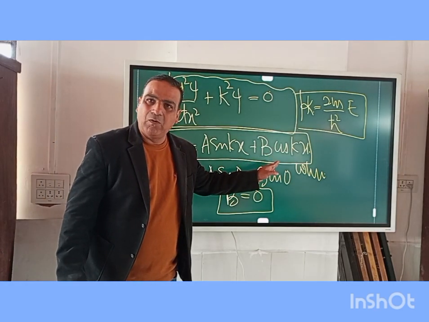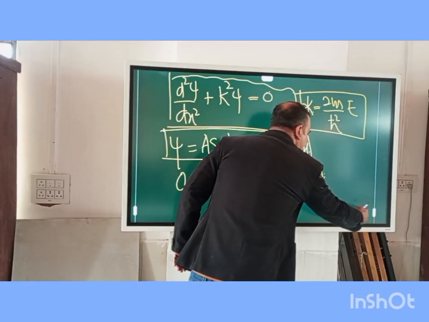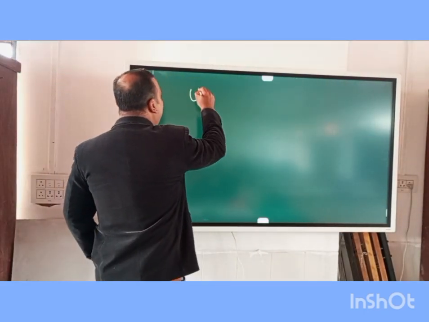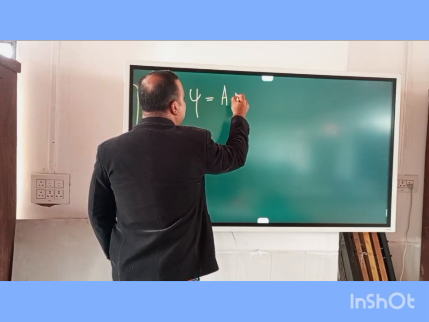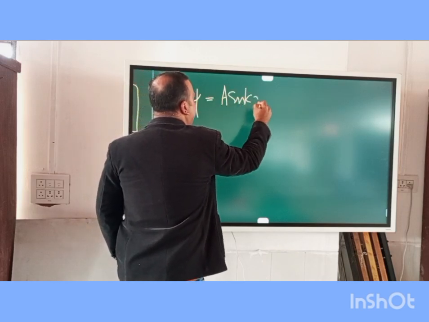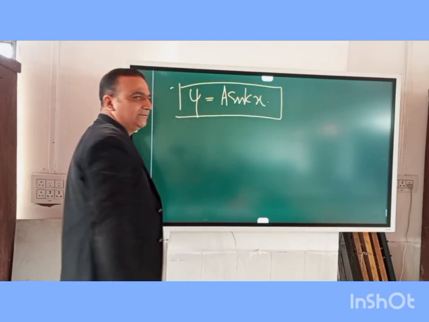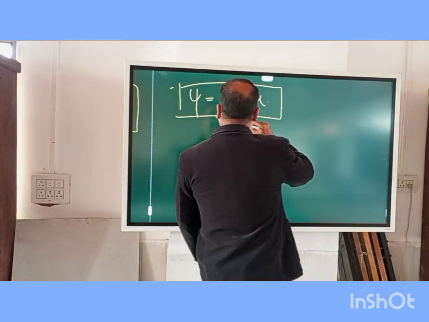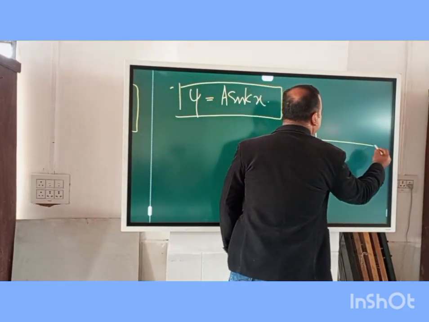B is 0. Clear? So now what will be my wave function? Psi will be a sine of kx.